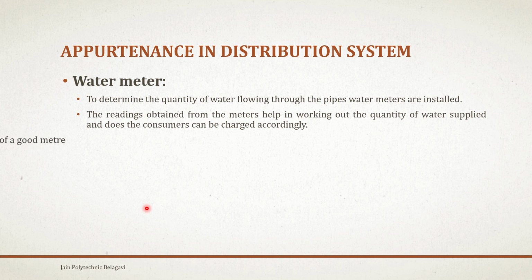Requirements of a good meter are very important, because if anything happens during passage of the water, there might be a chance of passage of air, and because of that we lose some amount of water as well. We charge an extra amount of money because of the passage of air.